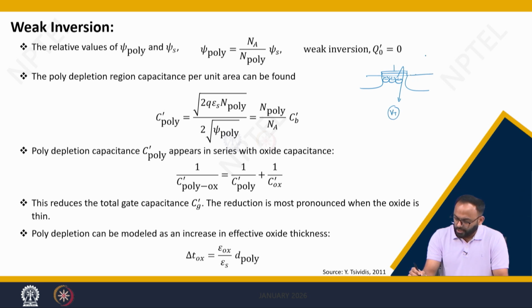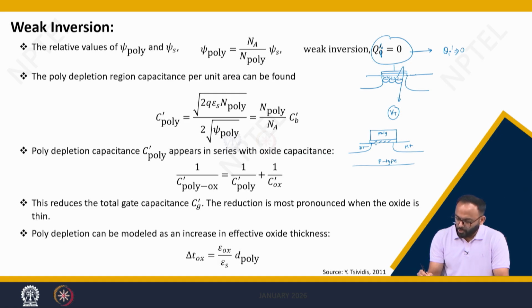Now, consider that in weak inversion Qi dash will be approximately 0. So, in the system we made a MOSFET with a polysilicon gate. This is an oxide, this is poly, and here you have the N plus and N plus regions, and this is the substrate or P type.